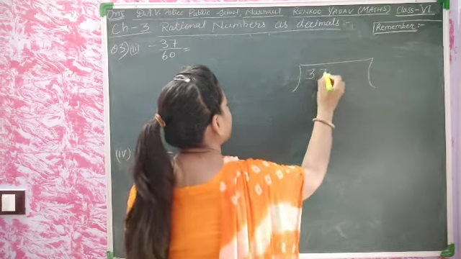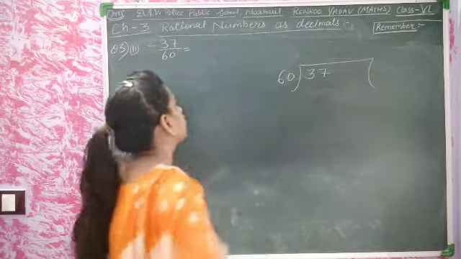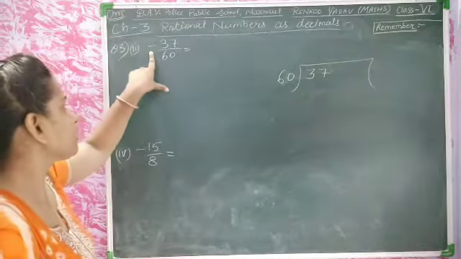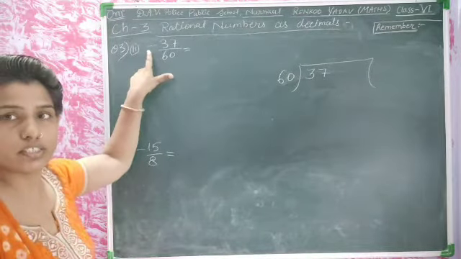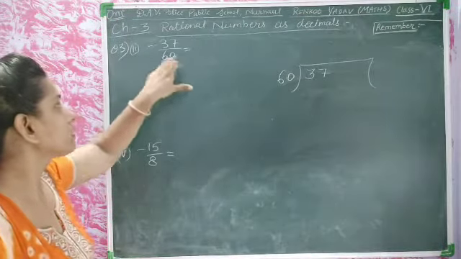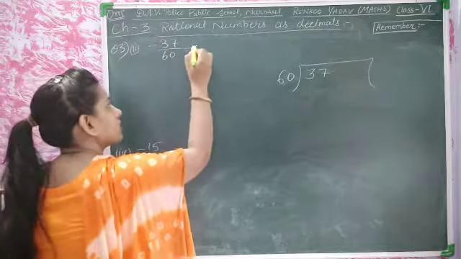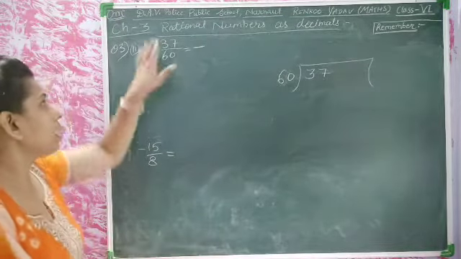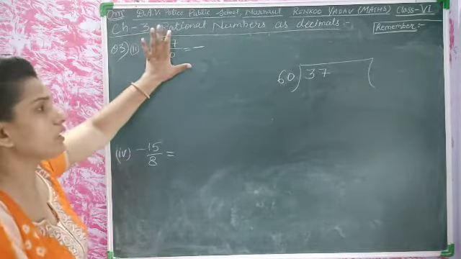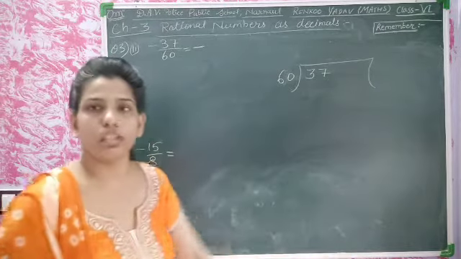There is the number 37 and we will divide it by 60. But students, you are seeing there is a negative sign. It doesn't mean that it's a problem. The answer also has the negative sign, so divide without the negative sign and then find the decimal representation.